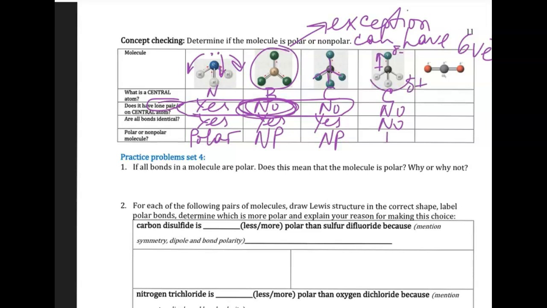That gives us a polar molecule. And the last one is carbon dioxide. The central atom is carbon. No lone pairs. All bonds are identical, and as we discussed, it's symmetrical, a non-polar molecule.